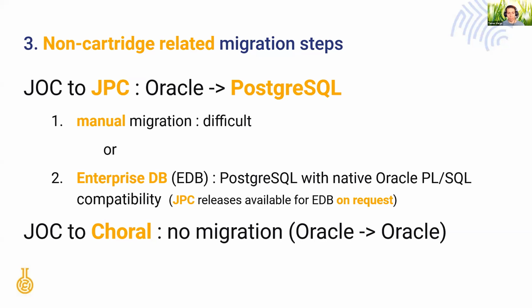And we also provide releases for EDB on request. If you move from JOC to Choral, then there are of course no non-cartridge related migration steps, because we are staying on Oracle.